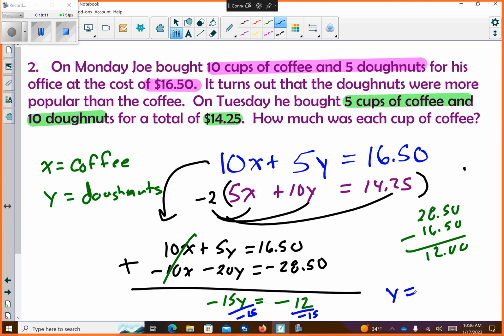Hey, friends, does anyone have a calculator to jump to real quick? Nick, you got one? Will you go 12 divided by 15 for me on your calculator? It'll come out to a decimal, and that's okay. Yeah, it can just be both positive. So 12 divided by 15. 0.8. All right, friends.